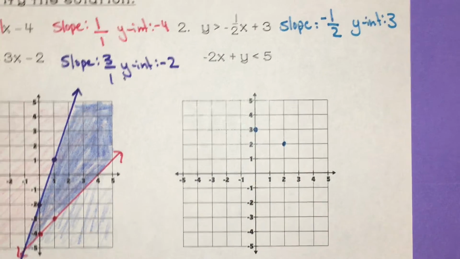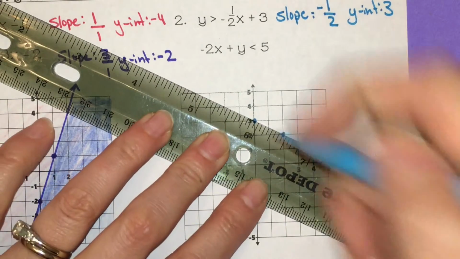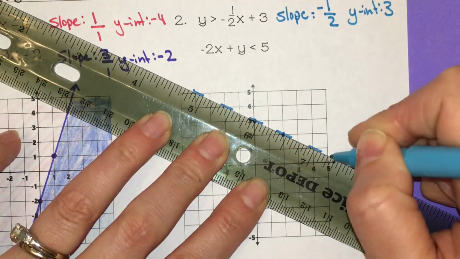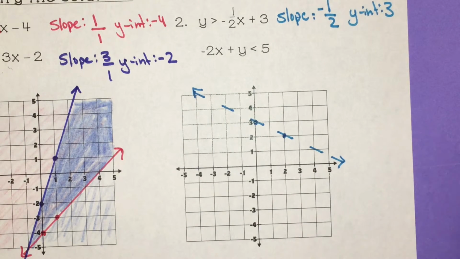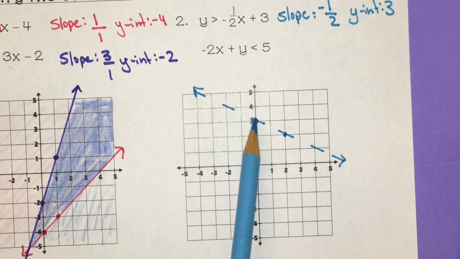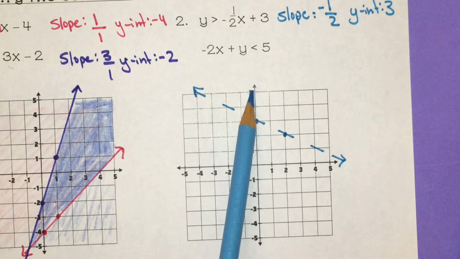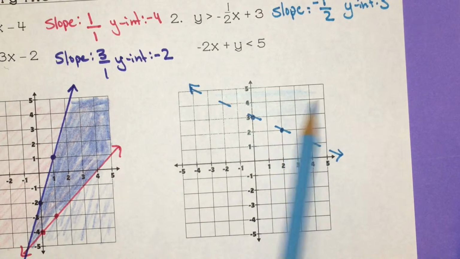And since it's strictly y is greater than, hopefully you remembered it's a dashed line. You do not connect the little dashes because it's strictly greater than. And I'm going to go to the side of where my line goes to the y-axis and go to numbers that are greater than on the y-axis. Shade that small area in.